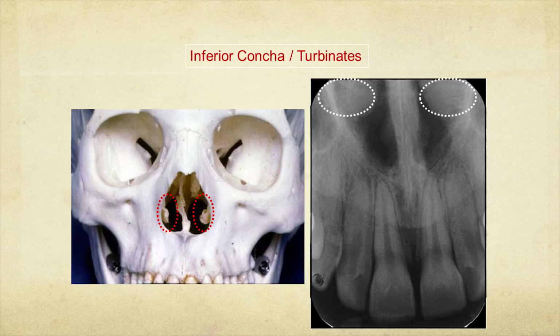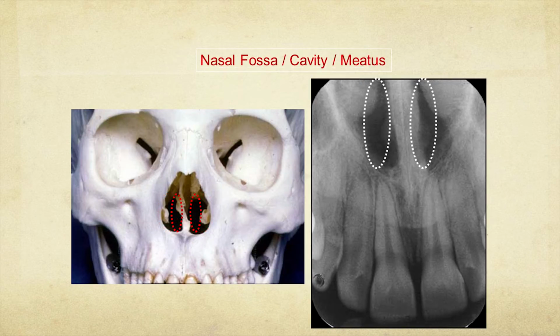A couple of findings you would see in the upper anterior teeth radiographs: you're looking at the inferior concha. Again, they appear as a radiopaque finding in your radiograph. And again, this slide I would like to spend some time on, because this is one of the commonest areas, the nasal fossa, which is misinterpreted as other pathologies.